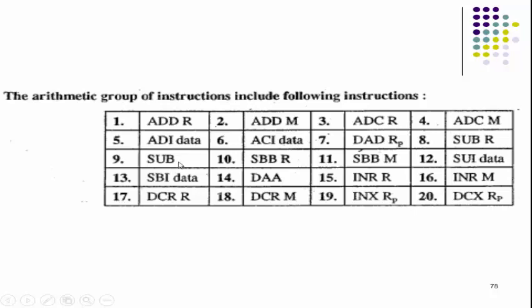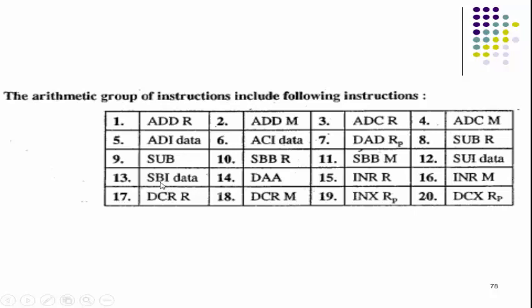Likewise, SBB R, SBB M. Here SBB means subtract with borrow, that is accumulator content minus carry flag bit minus specified memory location content or specified register content. SUI, subtract immediate, that is accumulator content minus 8-bit immediate data.